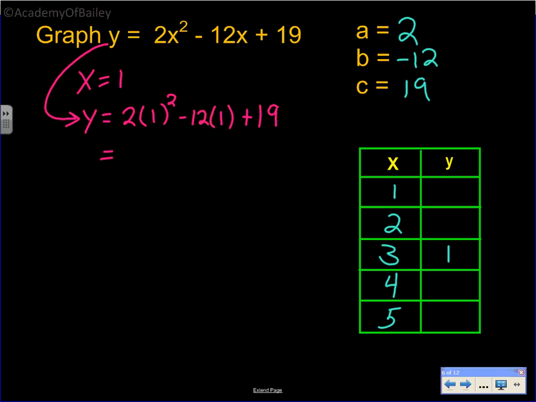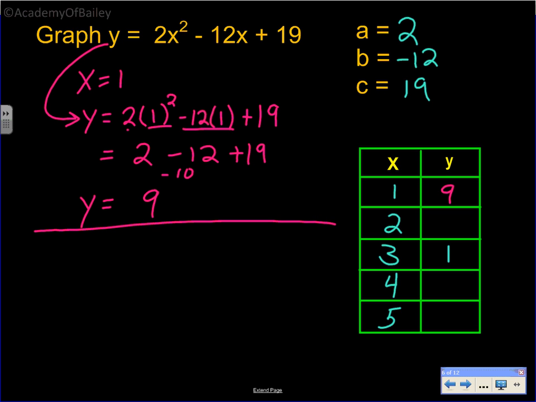Work this out. 1 squared is going to be 1, and then 1 times 2 is 2. In the middle, negative 12 times 1 is negative 12, and then you drop down your 19. So now we have 2 minus 12, which is negative 10. And negative 10 plus 19 is going to be 9. So when x equals 1, y is equal to 9.